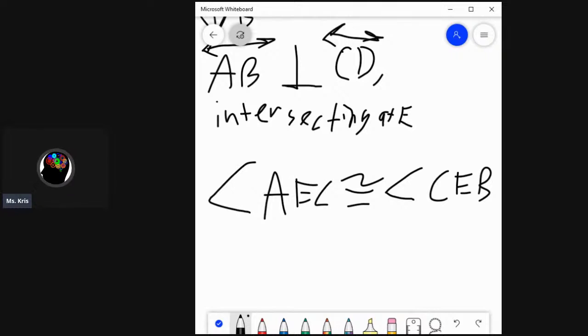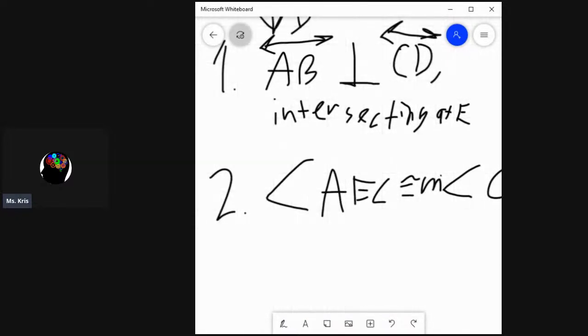So now number 2 says that angle AEC is congruent to angle CEB by definition of perpendicular lines. Then, of course, you have number 3.